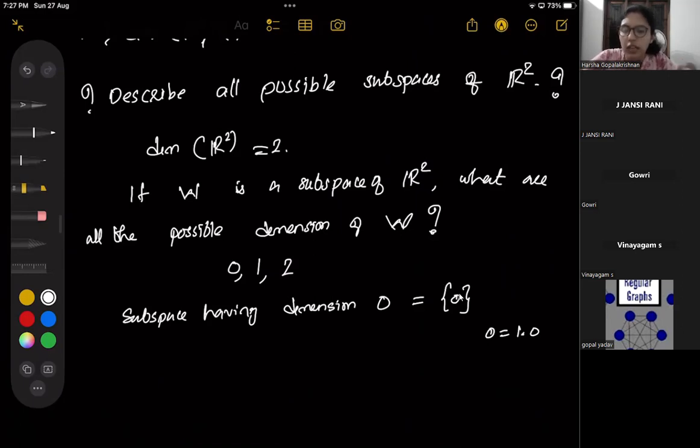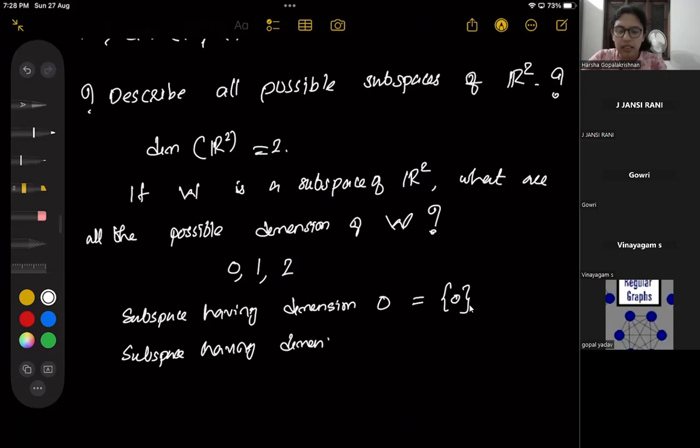So if 0 belongs to a set, it is always linearly dependent. So as a convention, the dimension 0 subspace is always the trivial subspace. Now we will move to the subspace having dimension 2. Later we will go to dimension 1.